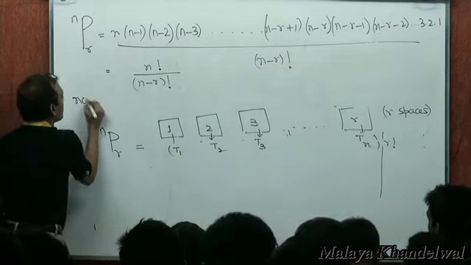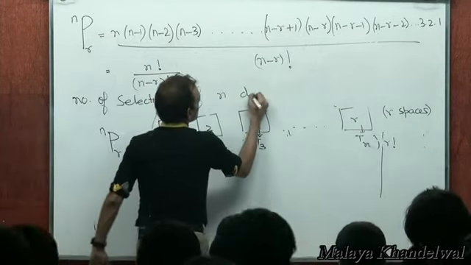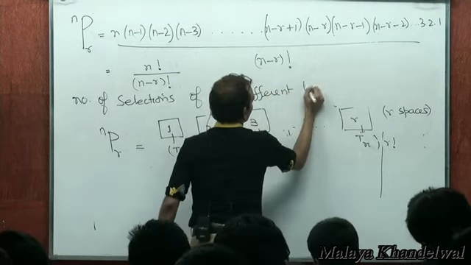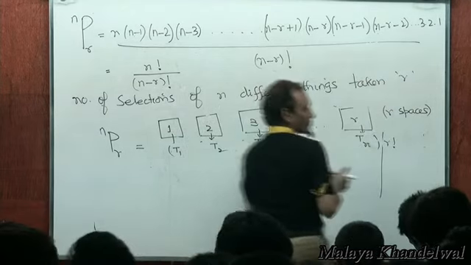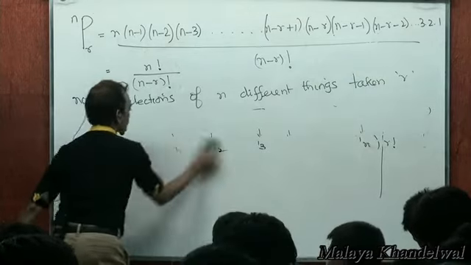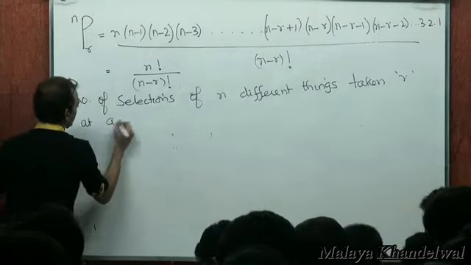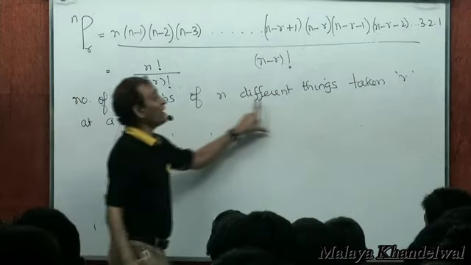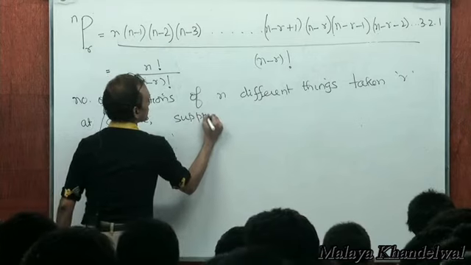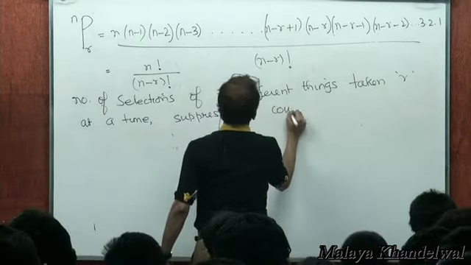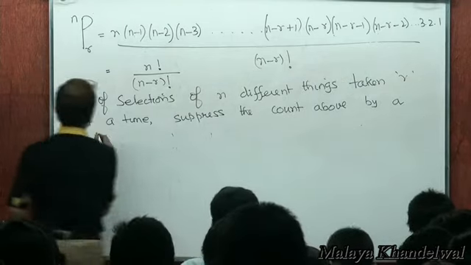So if I have the number of selections of n different things taken r at a time, then suppress the count above by a factor r factorial.